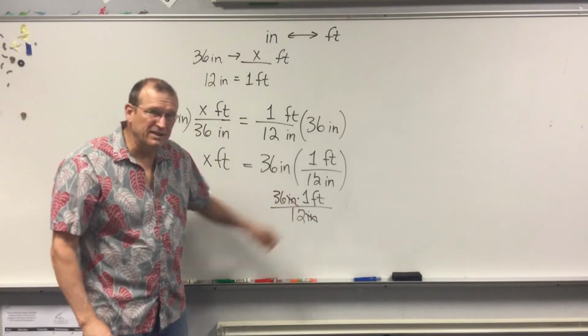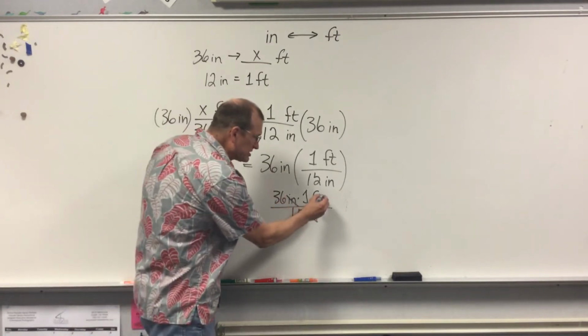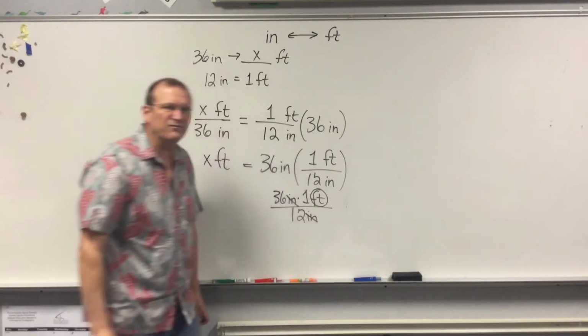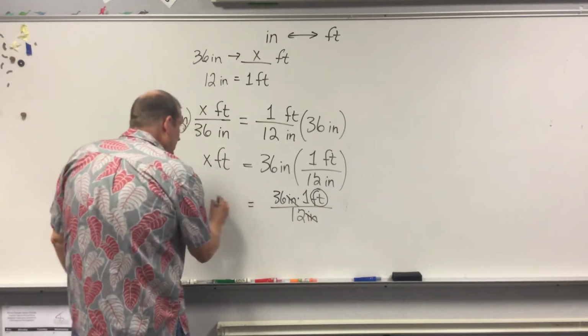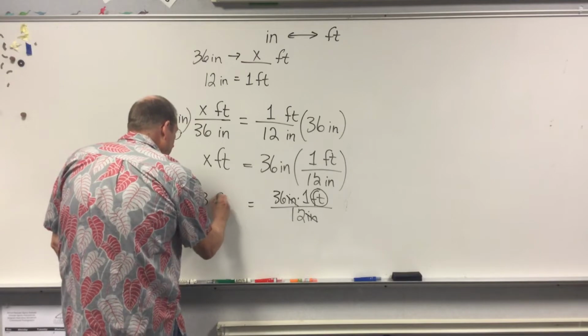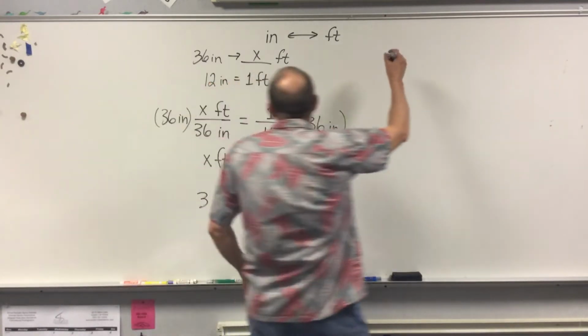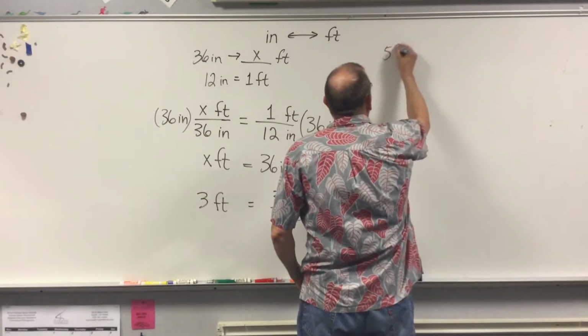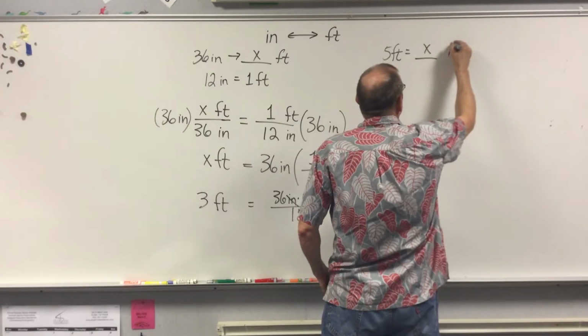This is the reason that we know this is going to work, because since the inches cancel, the only unit left is foot. So when you do this math, you end up with 3 feet.